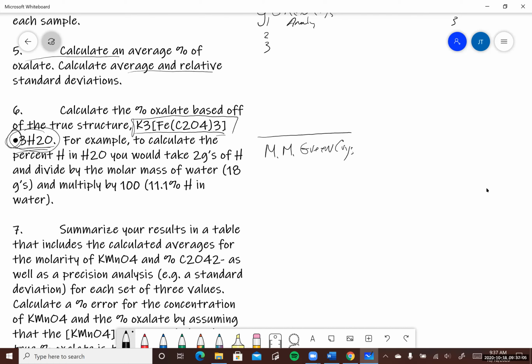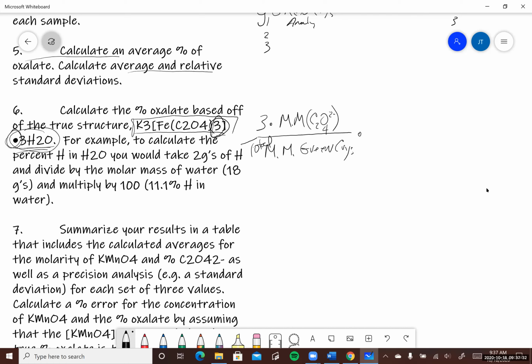And so you want to figure out what that total is. That would be the total. And then you just want to divide that into 3 times the molar mass of the oxalate, because there are 3 oxalates in that structure.